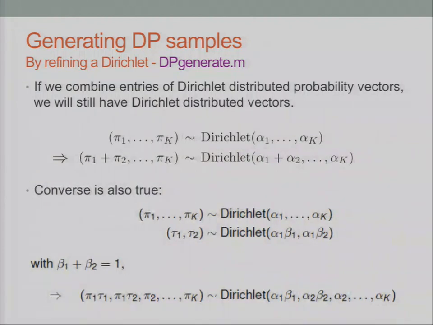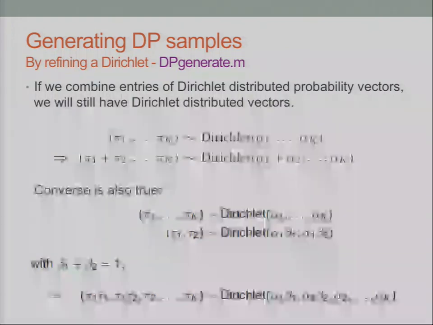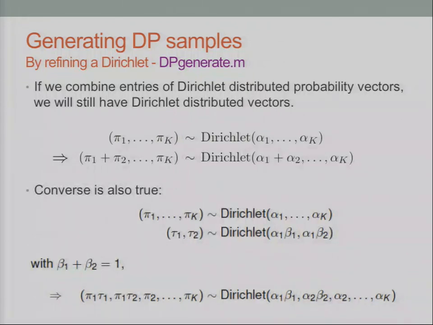If we have a k-dimensional vector, pi, that is Dirichlet distributed with parameters alpha 1 to alpha k, and we sum up the first two entries of this vector, and similarly sum up the first two parameters, the vector with one less dimension is still Dirichlet distributed. All the parameters are the same, except the first parameter being the sum of the first two parameters. And this is not specific to the first two dimensions only. You can do it for any dimensions. And the converse of this is also true.